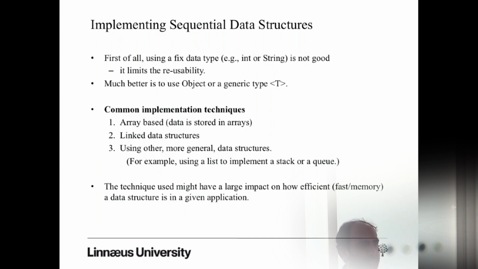For example, if you are implementing a list data structure where you can add elements at any position, and you have already added 10 elements, but you want to add a new element in the middle, then you have to shift all the elements that were already added on that position.